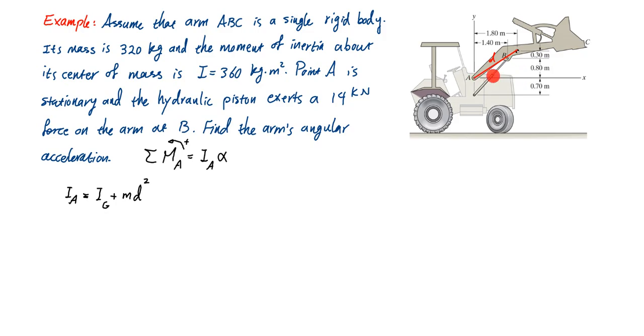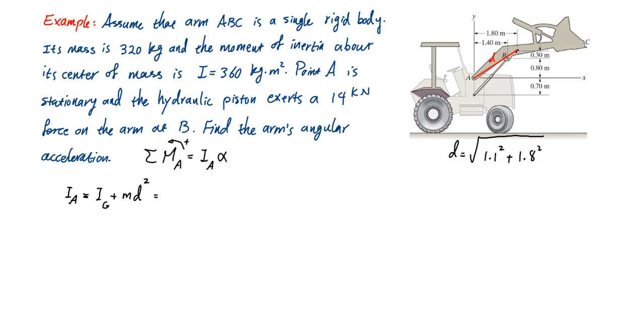I know this distance is 1.8. So in this right triangle, I know both sides, so I can find the length of the hypotenuse. d is equal to the square root of 1.1 squared plus 1.8 squared. I'll just leave it like that.